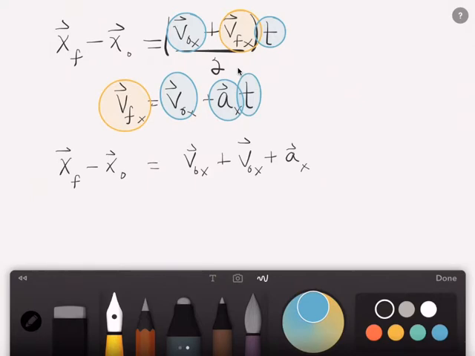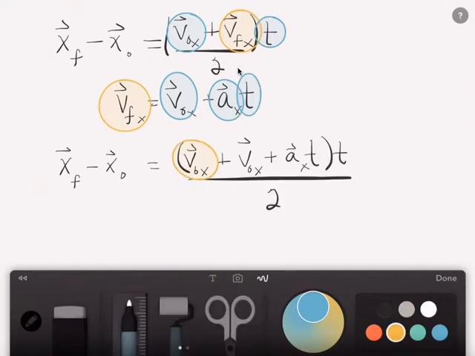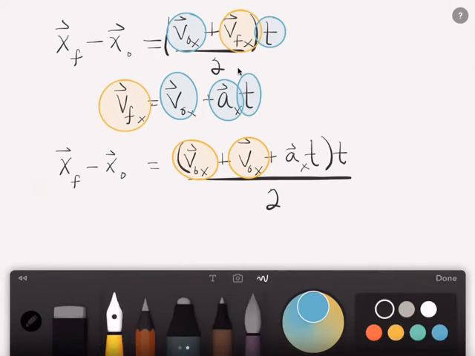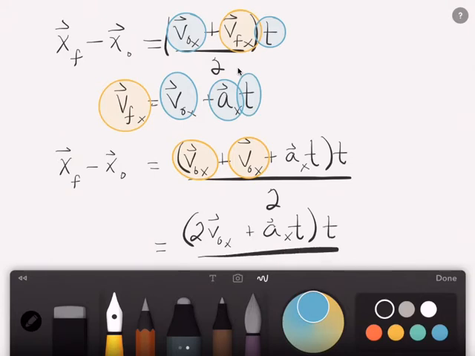Now what do we do? Well, we need to group our initial velocity, and then we're going to distribute our time. But let's focus on grouping first. So this is 2v initial x times t plus a sub x times t, and that entire quantity times t divided by 2.